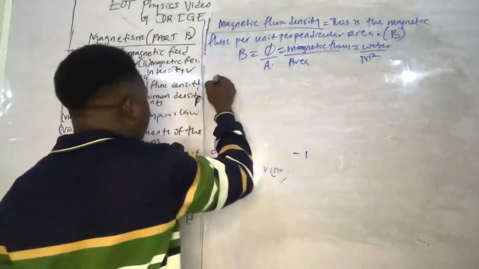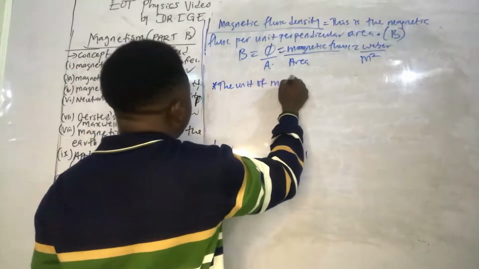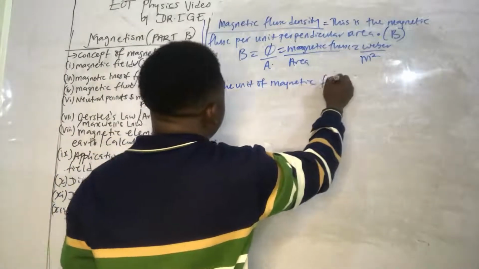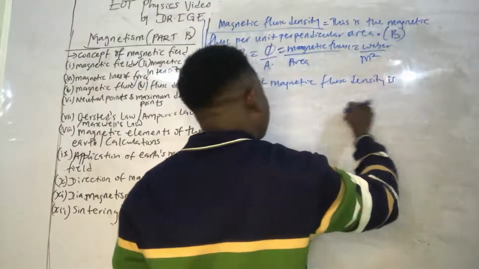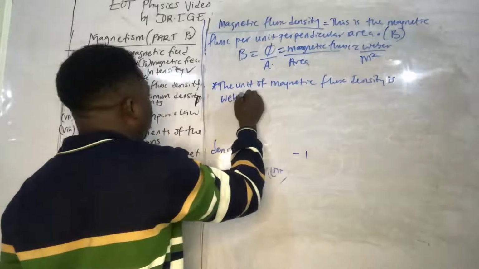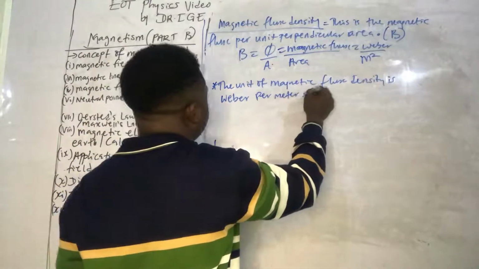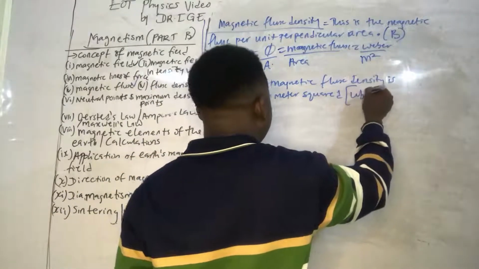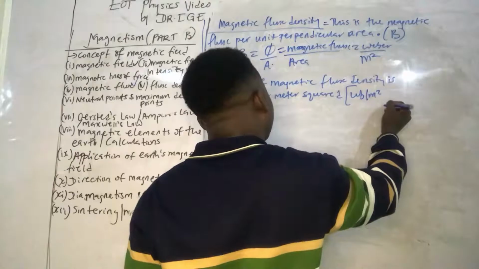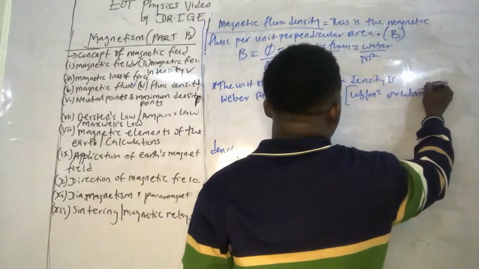So you can say the unit of magnetic flux density is Weber per meter squared. I write this like this, Weber per meter squared.